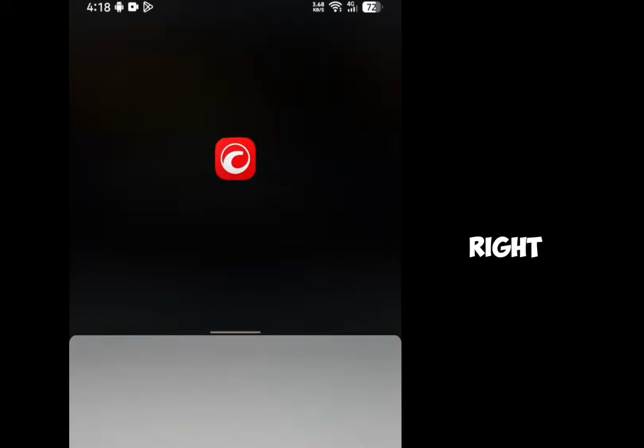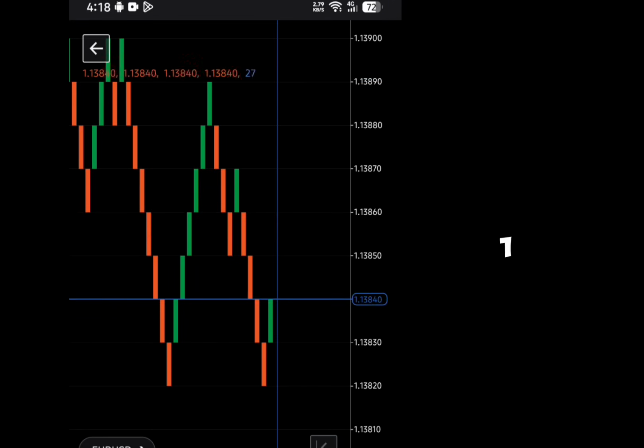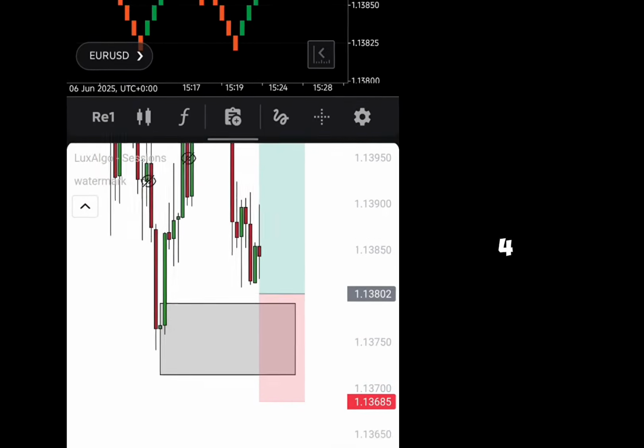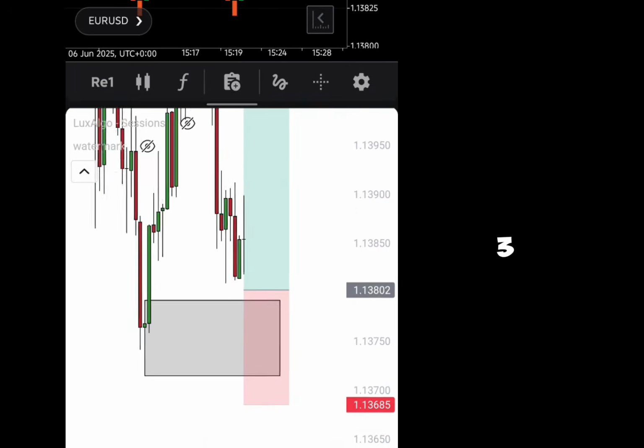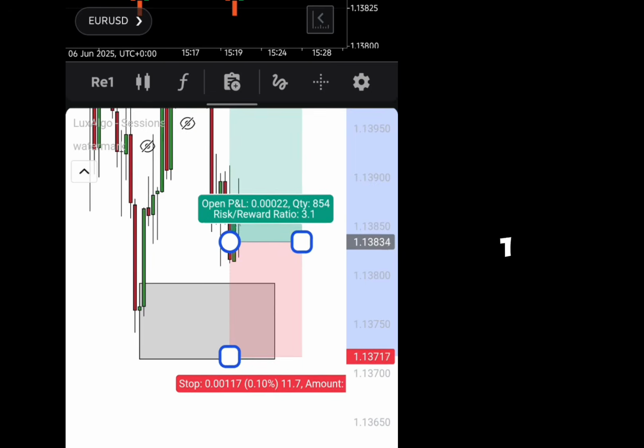So I will take a trade right there at, let me see the area, 1.3840. Okay, 1.3840, that's where I want to take a trade. Remember, you have to be quick because this is the live market.